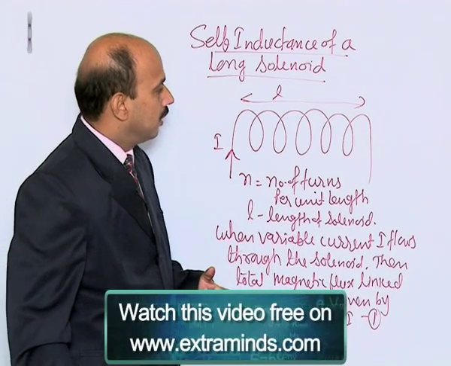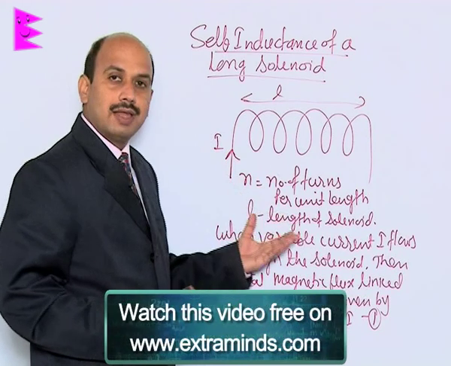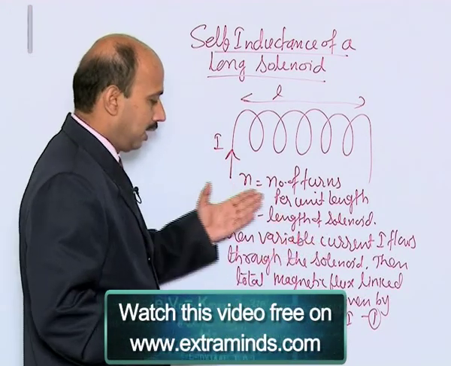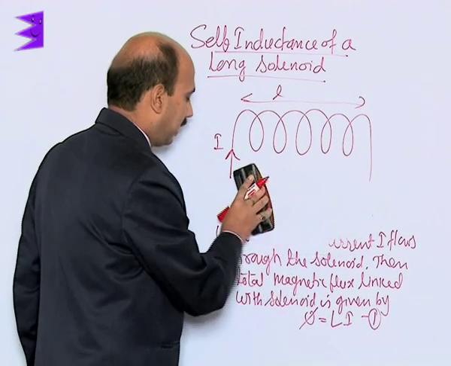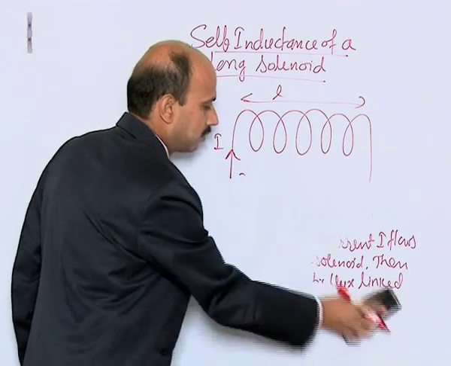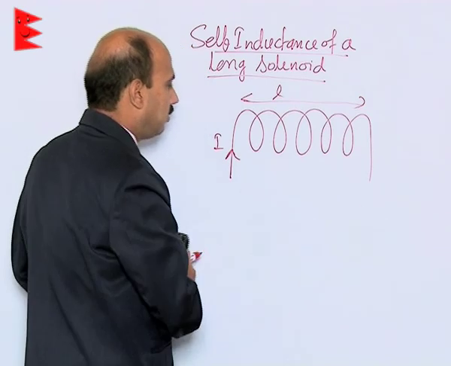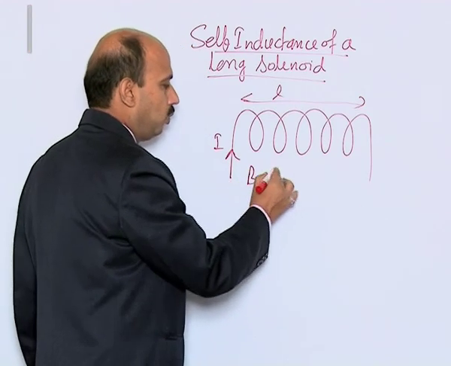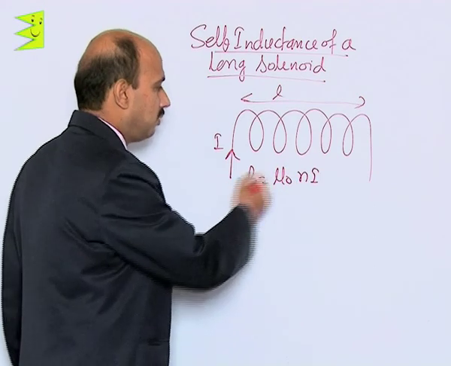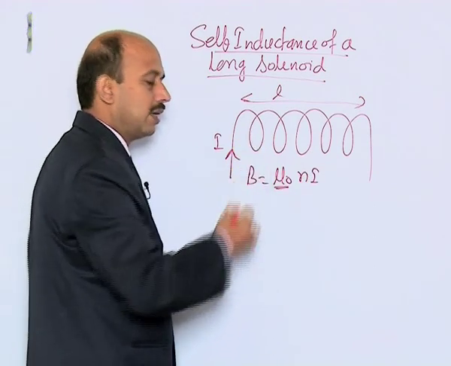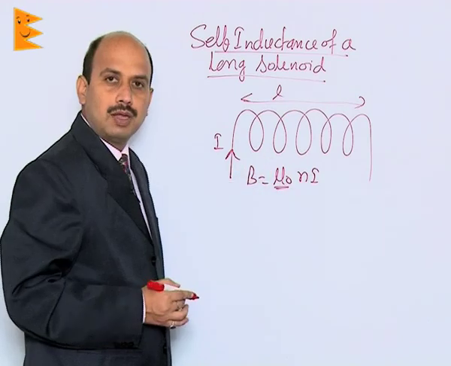Now see here, current I is flowing through this, and already we have assumed n is the number of turns per unit length and L is the total length. So the magnetic field inside this is B is equal to mu naught n I, where I is the current flowing through this, mu naught is the magnetic permeability of free space, and n is the number of turns per unit length.